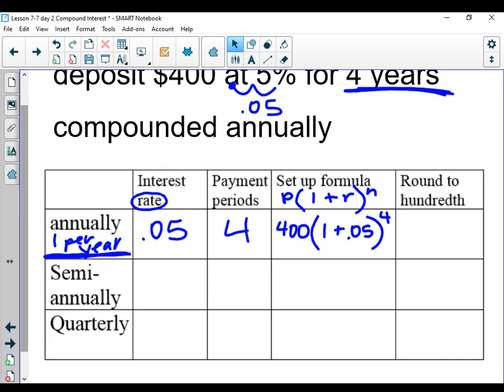It's above the 8. 1 plus 0.05, then parenthesis. And then in order to have that exponent, you have to press that funny caret button above the 7.